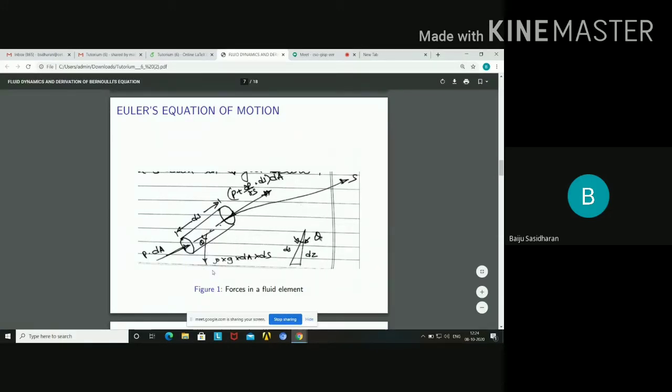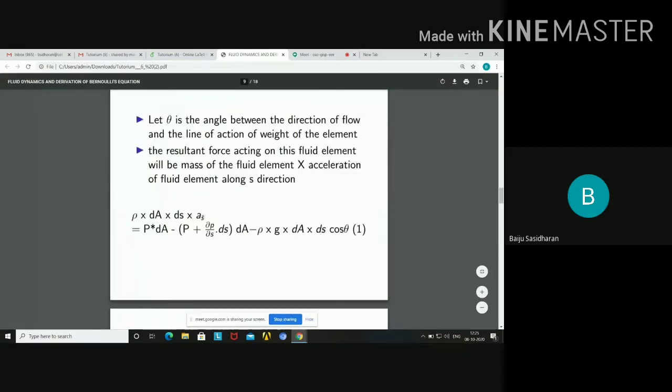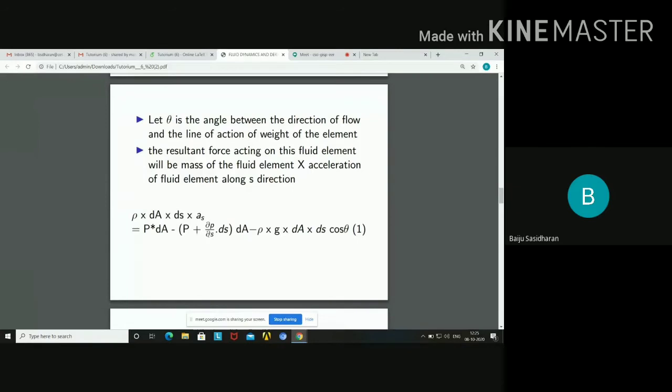This weight is rho g dA ds, and along this direction it will be rho g dA ds into cos theta. That is why you see this equation: F is equal to mass into acceleration, which is equal to P into dA minus P plus dou P by dou S into ds into dA minus rho g dA ds, that is the weight of the element, and cos theta will be the component along that flow direction.